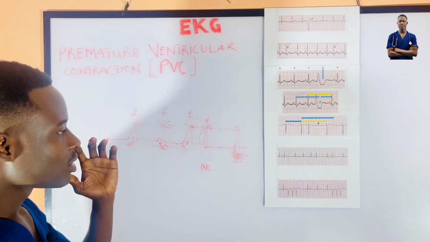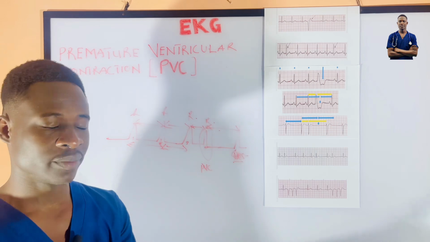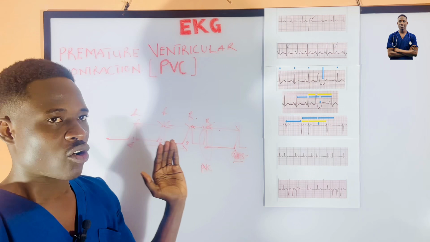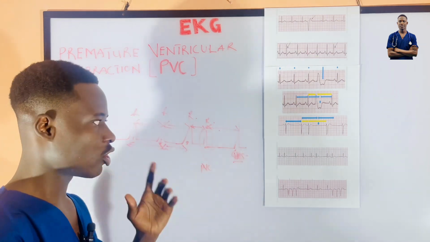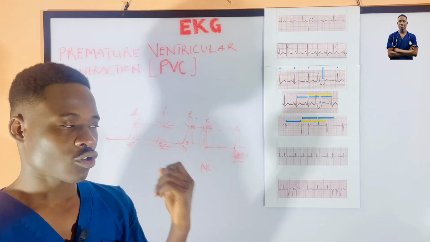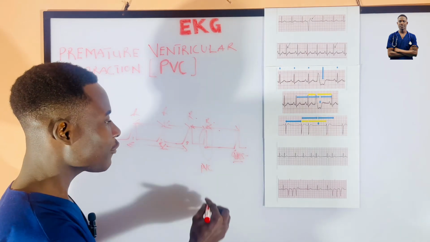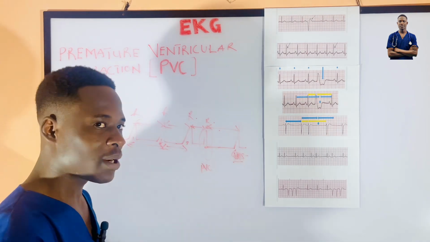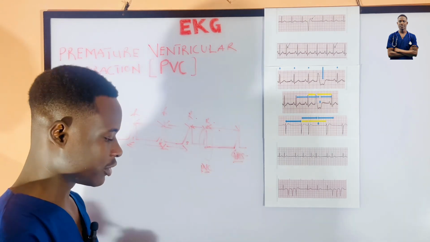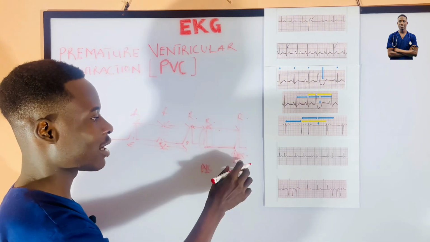Sometimes we can confuse this with an irregular heartbeat. Now, for PVC, we follow a normal and regular heartbeat until the QRS complex following a normal heartbeat becomes very short. And after the PVC, there's a large distance between that PVC and a normal QRS complex generated.